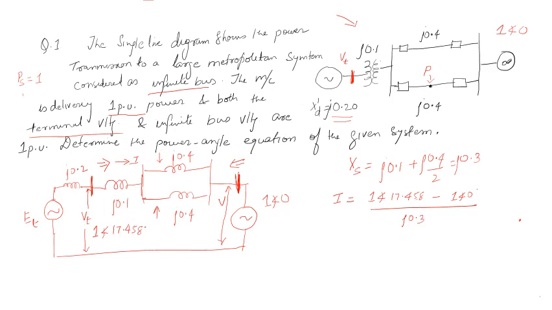Okay, so you will get 1.018012 at an angle 8.729. So this is the current that is coming from here.